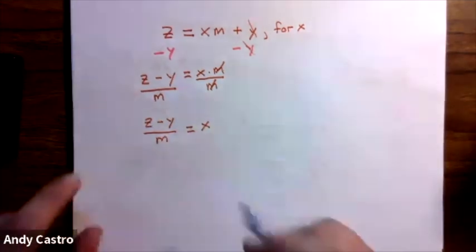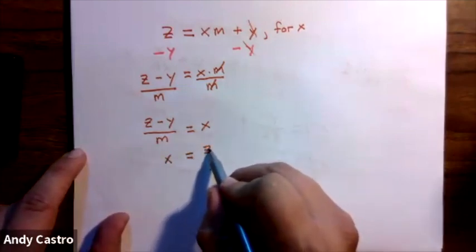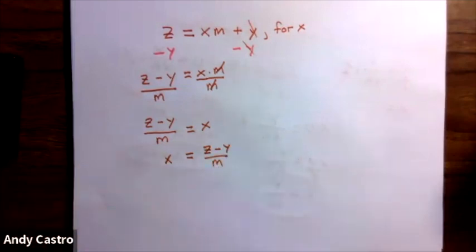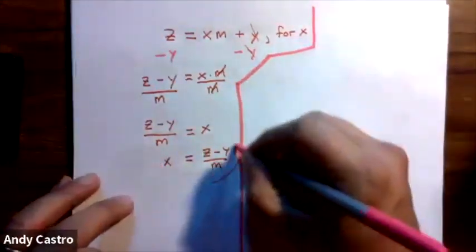And I can flip those around. X is equal to z minus y divided by m. Okay.